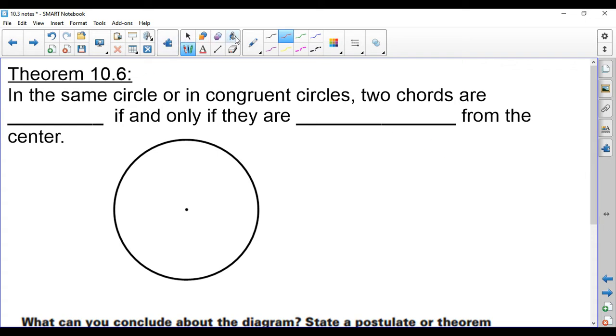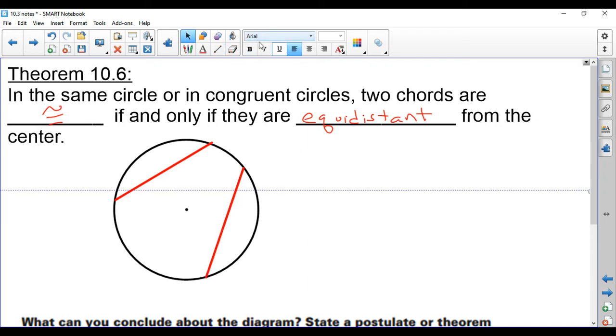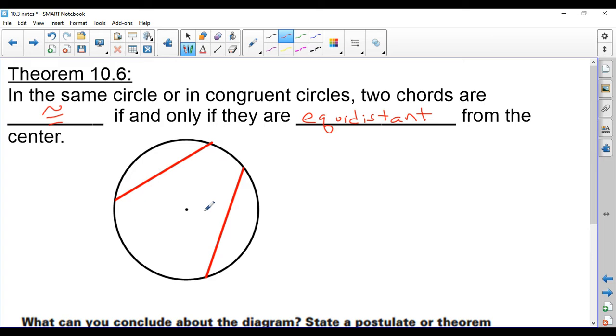One more theorem. In the same circle or congruent circles, two chords are congruent if and only if they are equidistant, the same distance from the center. Two chords are going to be congruent. Let's again try to draw them congruent to each other. The only way that they can be congruent is if they are equidistant from the center.